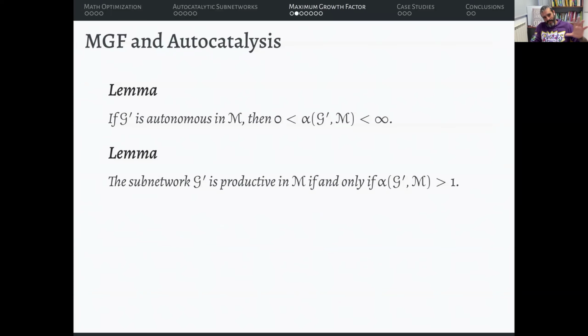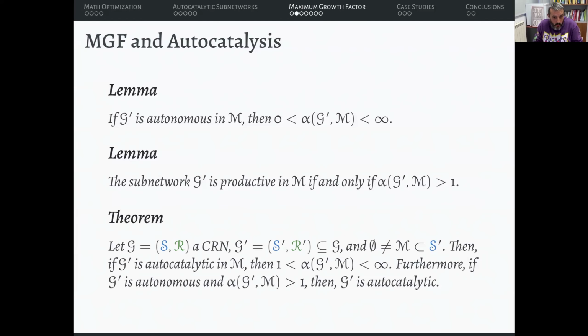We first analyzed the relationship between the autonomy of a subnetwork and the value of this measure. If my subnetwork is autonomous in reactional species, then this value is finite. Also, we know that the production of a subnetwork can be represented by values greater than 1 in the growth factor.